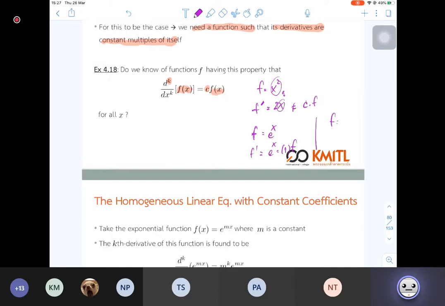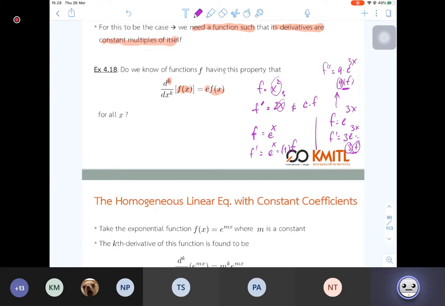Or you can have f equal to e to the power of 3x, let's say. So f prime would be 3e to the power of 3x, which is 3 times f, right? So we have a constant times the function. Furthermore, if we take the second derivative, you will get 9 times e to the power of 3x, which is 9 times f. So we have some constant times the function. So this is what we are looking for.